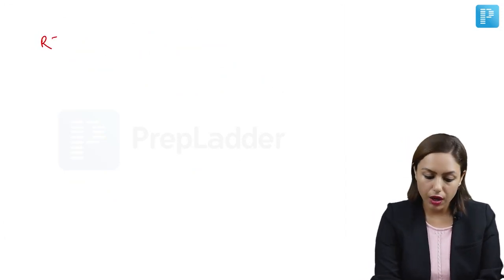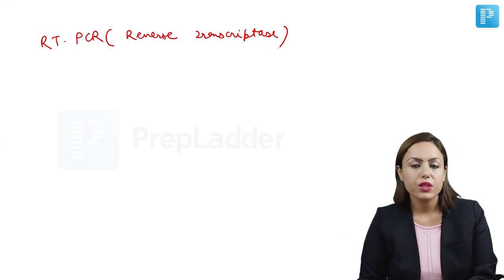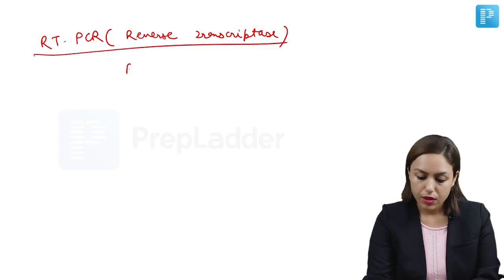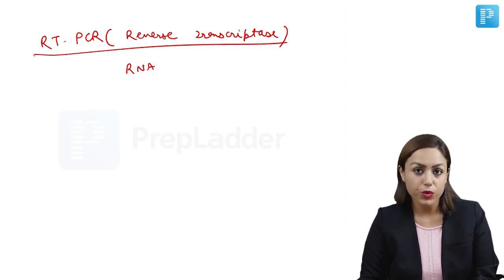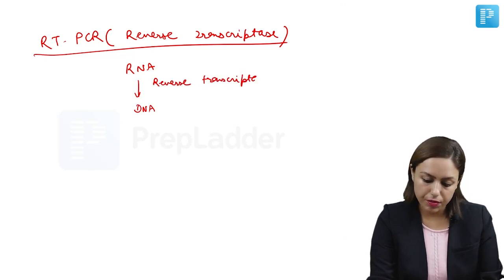Now we will do RT-PCR. RT-PCR stands for reverse transcriptase PCR, with the help of which we can amplify RNA also. Okay, so let's say we have some amount of RNA which we need to amplify. First this RNA will be converted to DNA by reverse transcriptase enzyme.